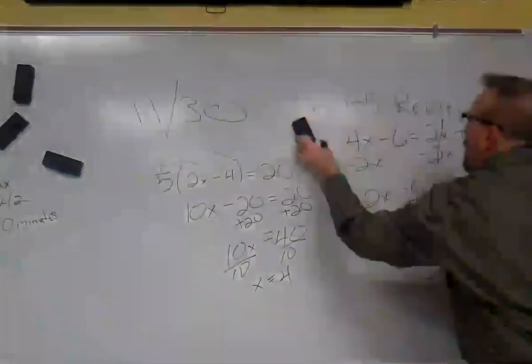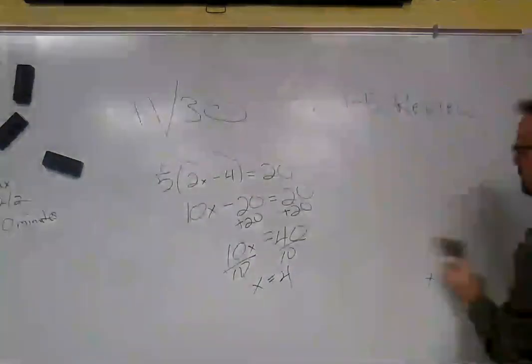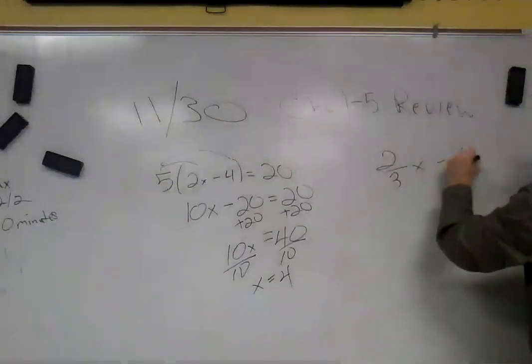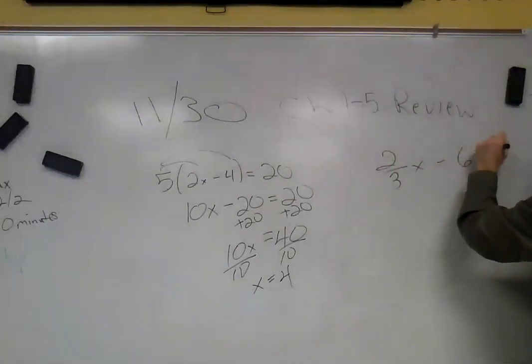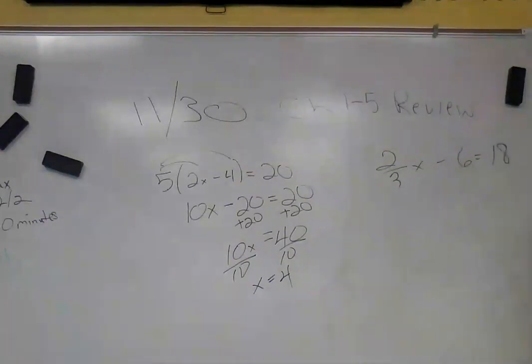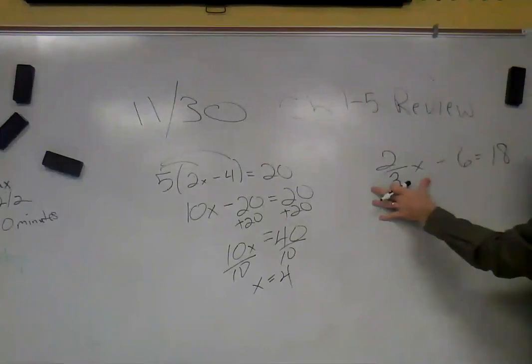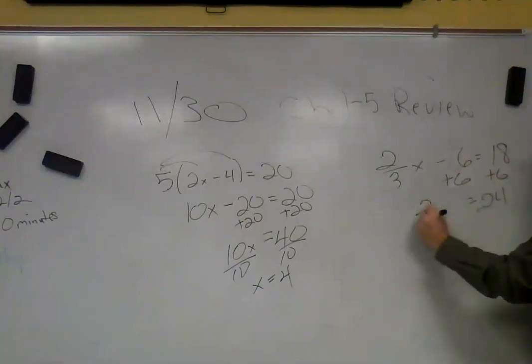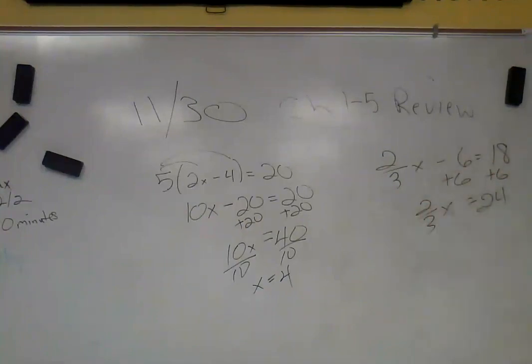Okay, one last one. All right, 2/3 x minus 6 equals 18. Here's our variable. So again, we want to get rid of our addition or subtraction. Add 6. 2/3 x equals 24.